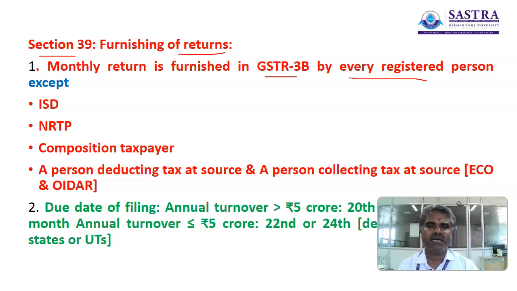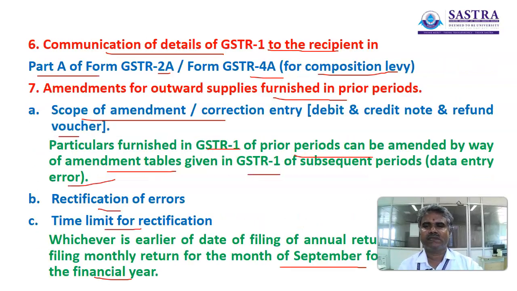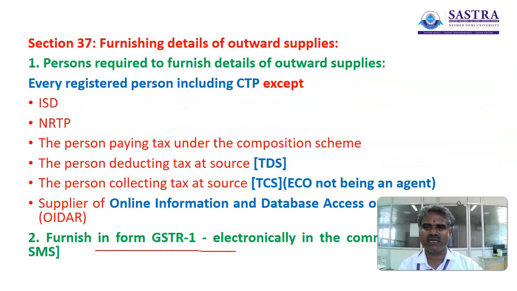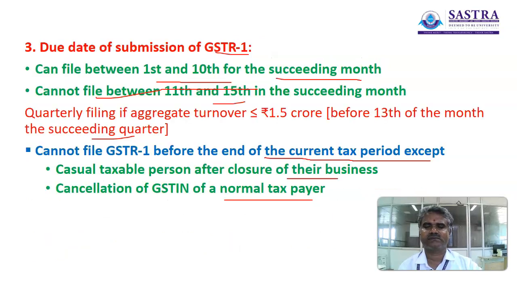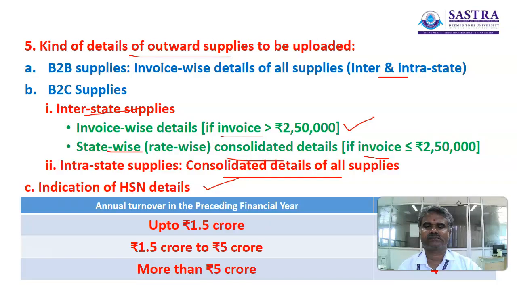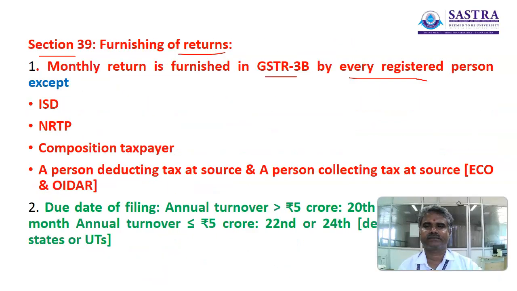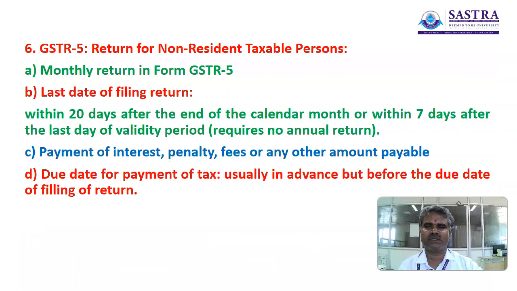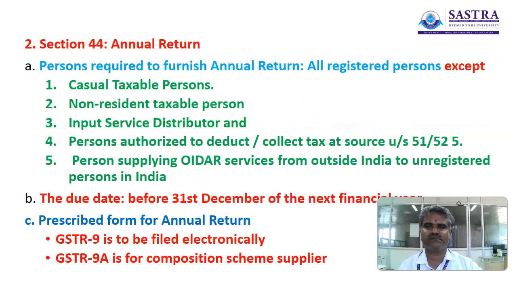This is called the monthly return. This is what GSTR 1 is. I think it's a quarterly return. See, please wait. I will show it in a detailed table.